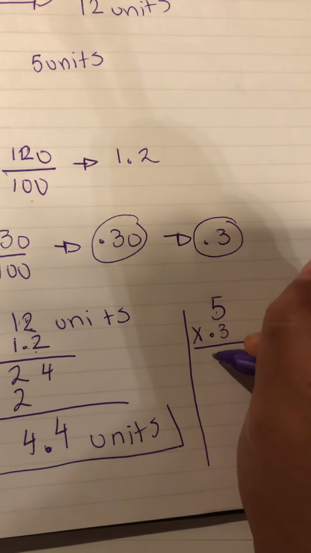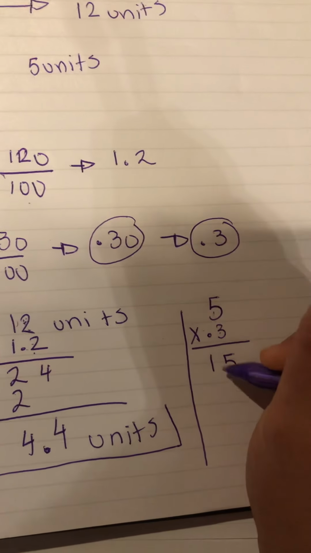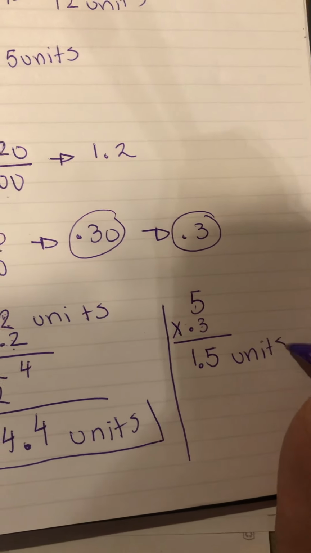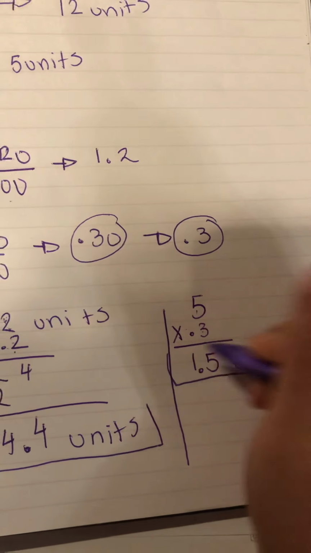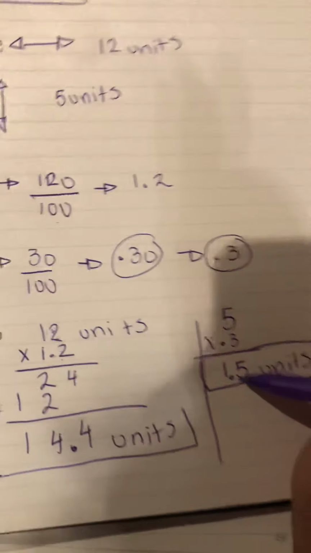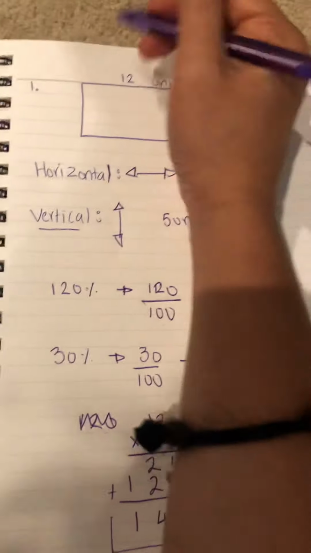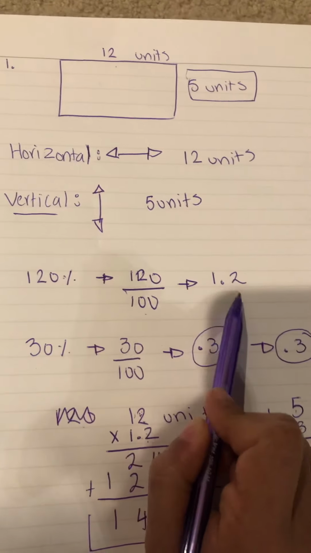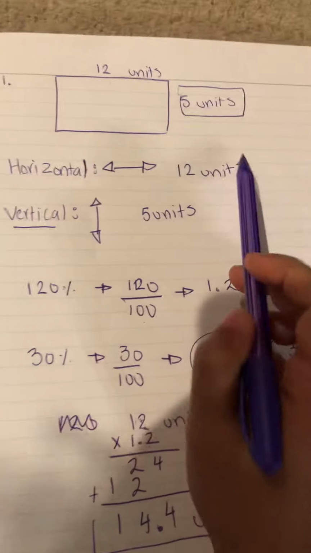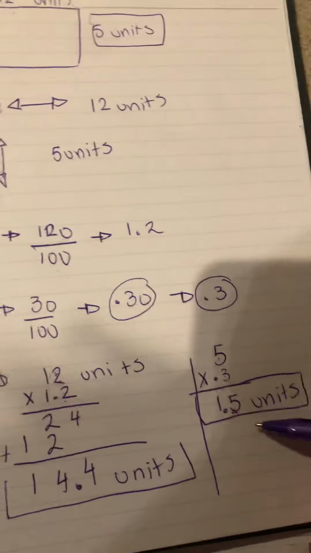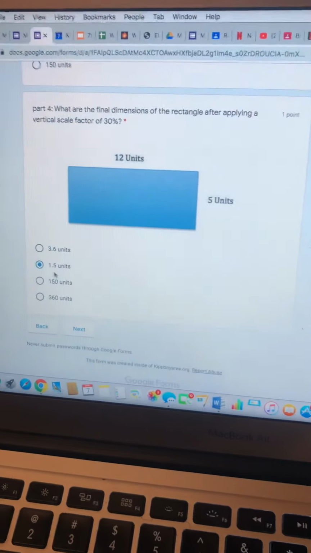So 5 times 3 is 15, one number behind the decimal, and it's 1.5 units. So all you're really doing is multiplying the scale factor with each length. I multiplied 12 by 120%, which is 1.2, and then I multiplied 5 by 30%, which gave me 1.5. And you're going to click 1.5 units.